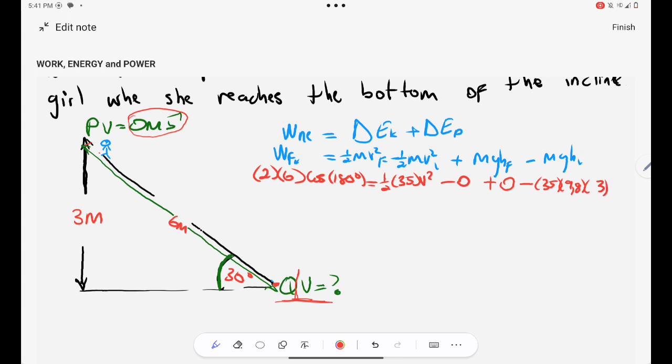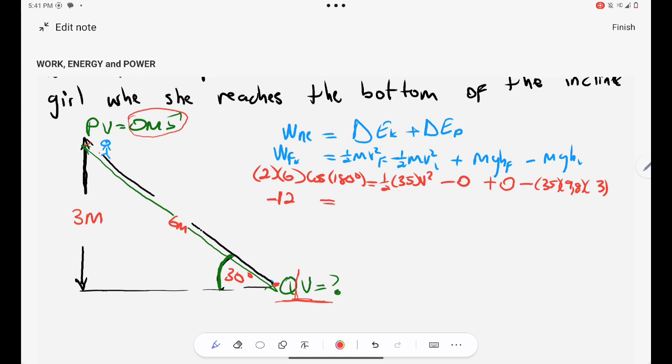So this will simply give us, on the left hand side, 2 multiplied by 6 and the cos of 180. This will simply give me negative 12. Are you together?